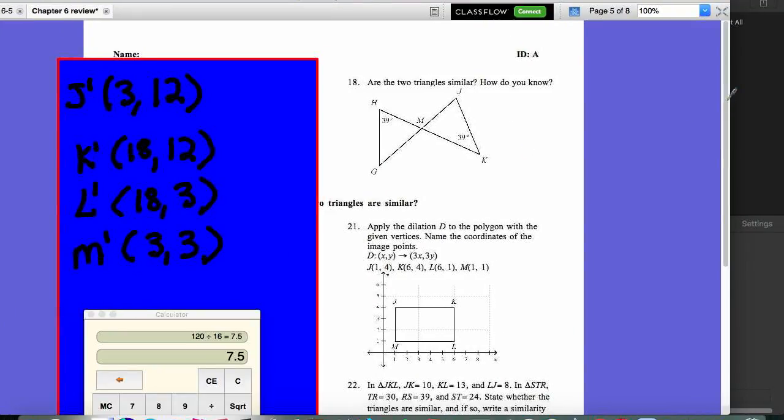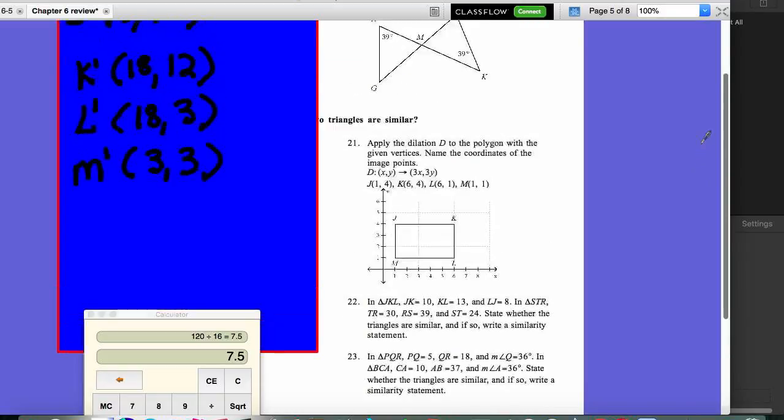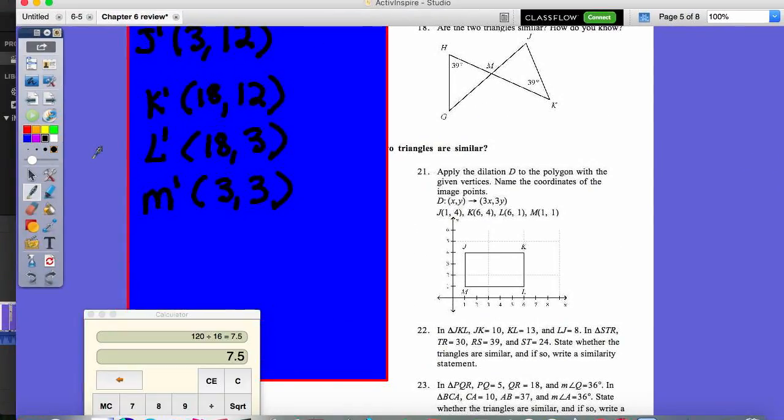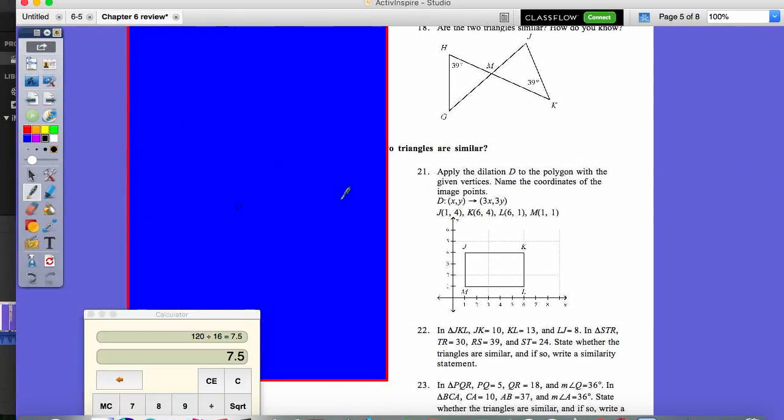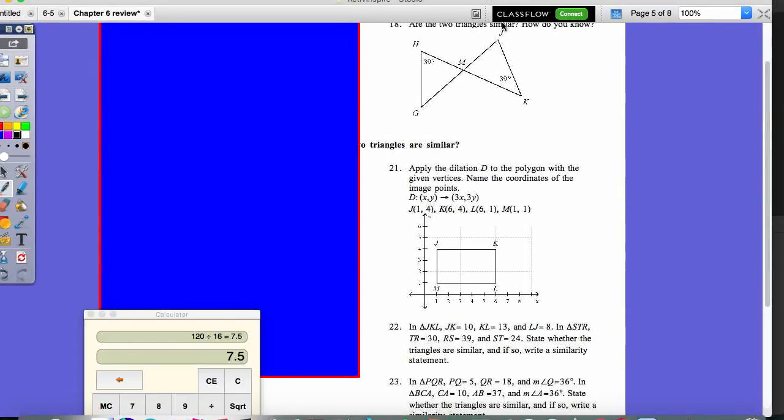Number 22. So for number 22, it does not give you a similarity statement. You have to figure out if there is a way to make these similar. So what I would say is list them smallest to largest. JK is 10. That's actually not the smallest though.